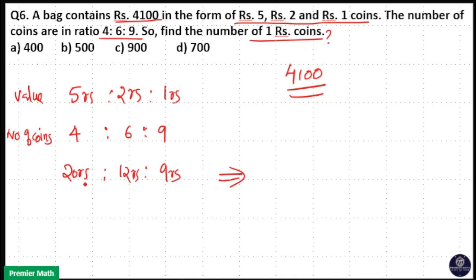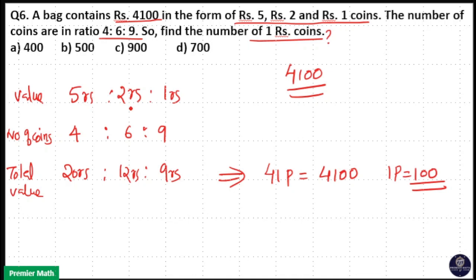But in this total value, 20 plus 12 plus 9 is equal to 20 plus 12, 32, 32 plus 9 is equal to 41. So 41 parts is equal to 4,100. That means 1 part is equal to 100. So the number of 1 rupee coins is equal to 9 parts. So 9 parts is equal to 900. So your answer is option C.